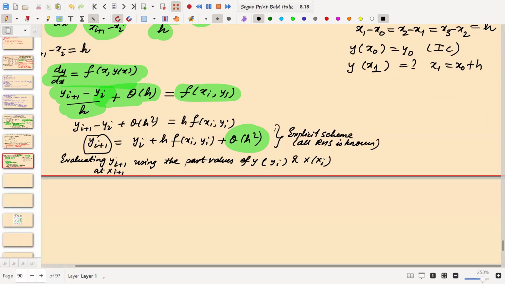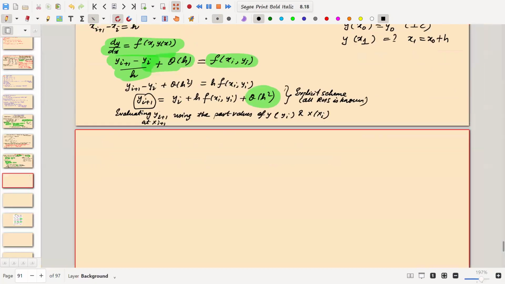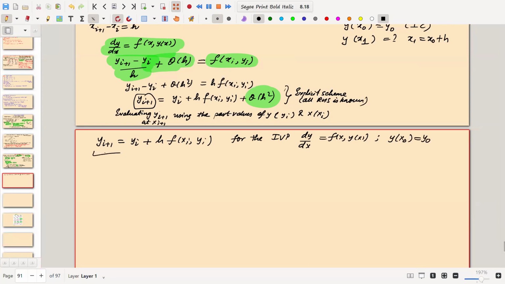So this method which you just saw, I will write it here again, but without the order term: yi plus 1 equal to yi plus h times f of xi, yi, for the ODE, for the IVP, actually initial value problem, dy by dx equal to f of x comma y of x, given that y at x naught is equal to y naught. And this method is known as the Euler method.